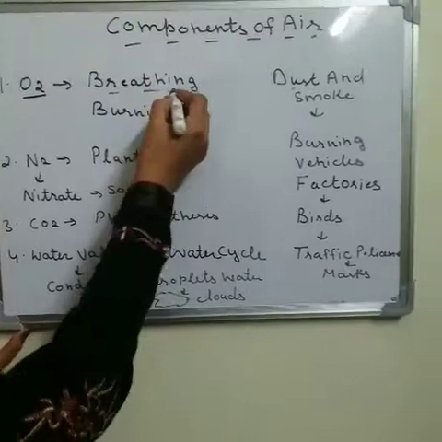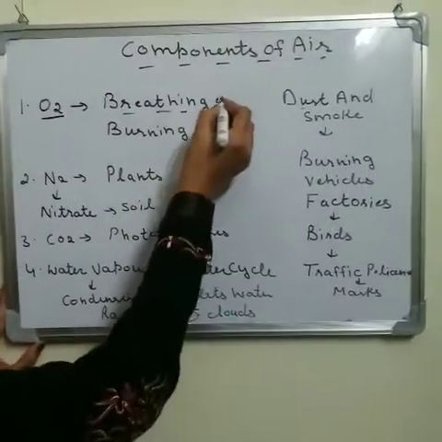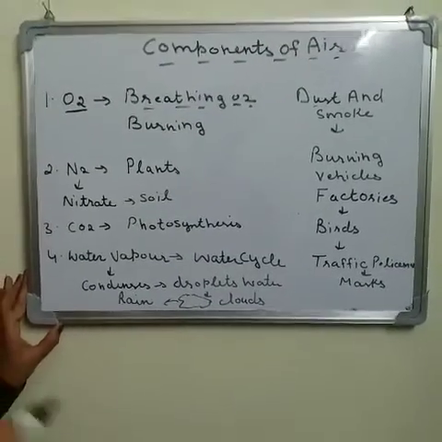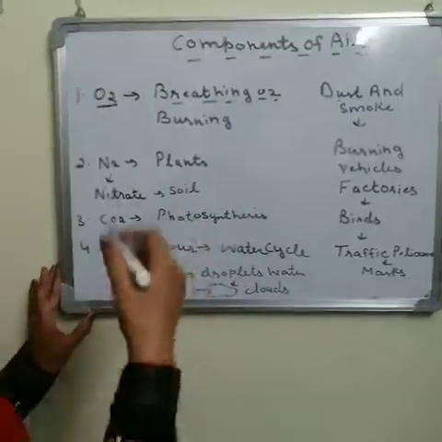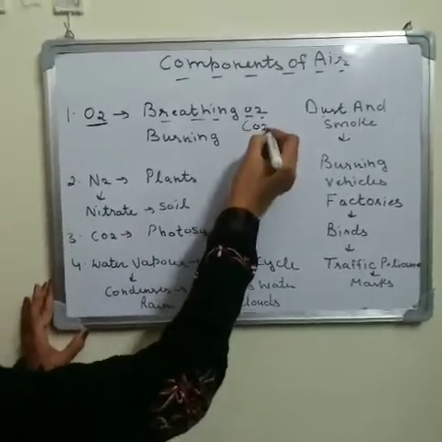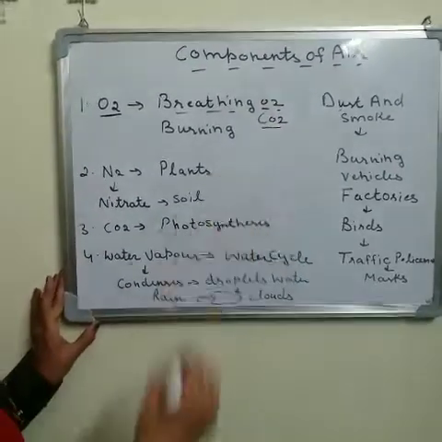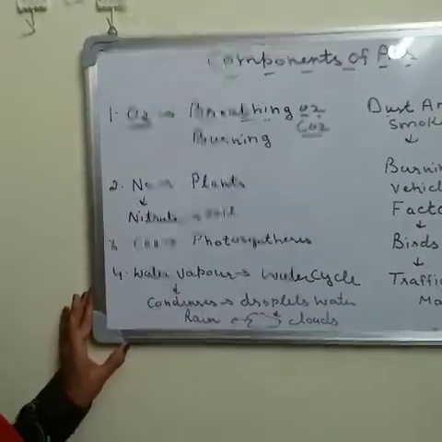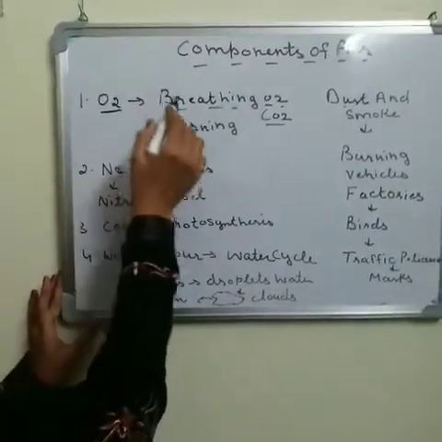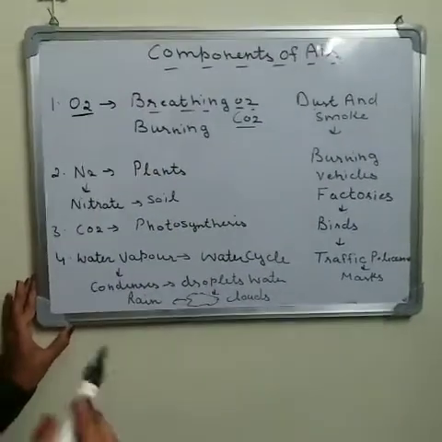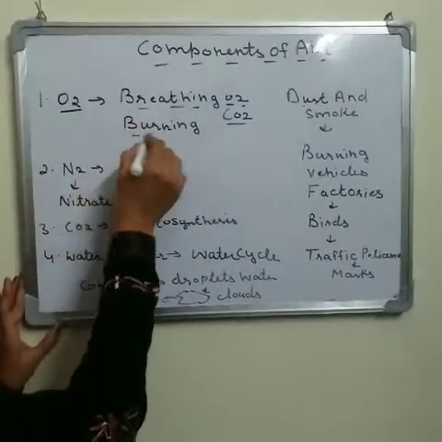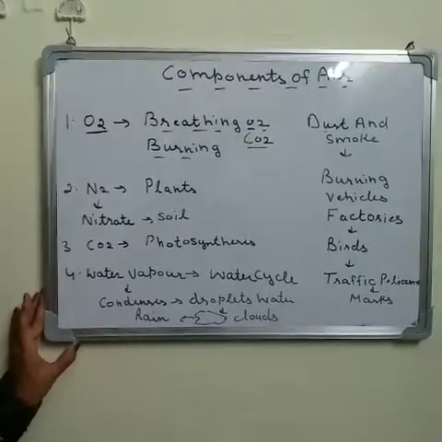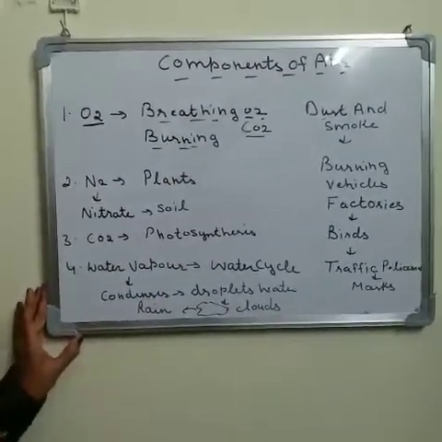During breathing, we inhale oxygen rich air, which is a must for different activities in our body, and we exhale carbon dioxide rich air, which is taken in by the plants for photosynthesis. Oxygen is also a must for burning. Without oxygen, burning is not possible.